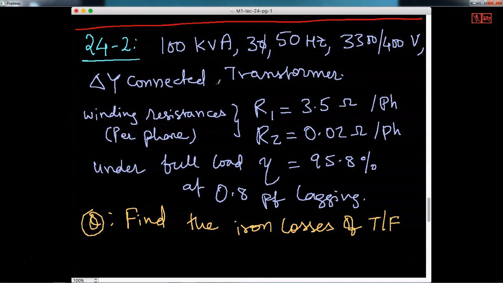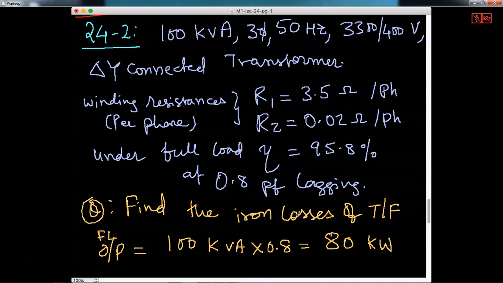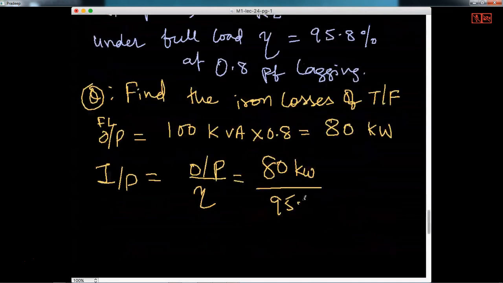Now to get the input, it is nothing but output divided by efficiency. That is 80 kilowatts divided by 95.8 by 100, let me put it that way. Again, you should be careful with the units. So this one is coming to 83.5 kilowatts. You notice that it is slightly higher. So what are the losses?